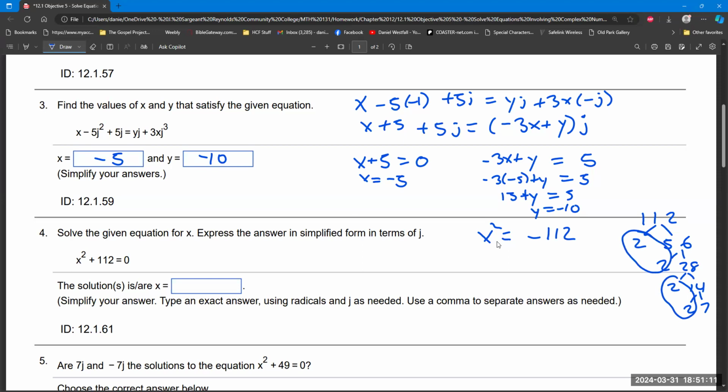So x is going to be equal to plus or minus j times the square root of 16 times 7. So x is equal to plus or minus 4j root 7. And they don't want us to write plus or minus, so they want negative 4j root 7, comma positive 4j root 7.